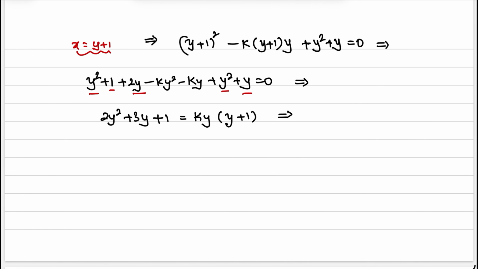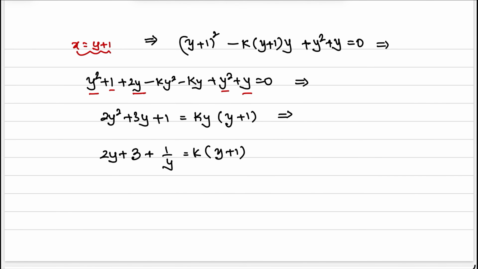Let us divide everything by y. 2y plus 3 plus 1 by y is equal to k into y plus 1. Here k should be an integer. For k to be an integer, y should be an integer.